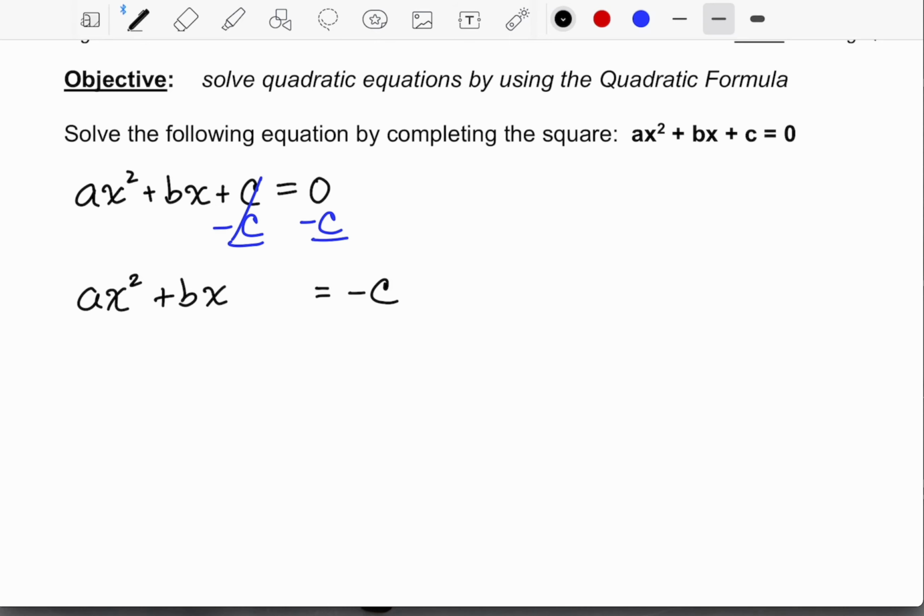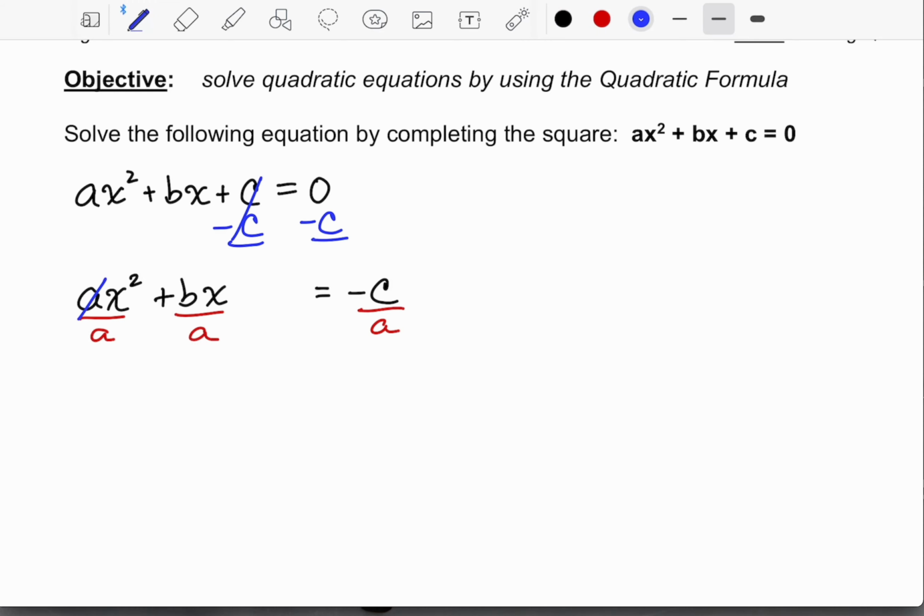Now I'm going to divide every term by the a value. Whatever the a value is, we divide by that. If it were a 2, we divide by 2. Here it's just a, so I'm going to divide every term by a. It only cancels away in one place though, so we're stuck with fractions everywhere else. a divided by a gives you a 1, because anything divided by itself gives you a 1.